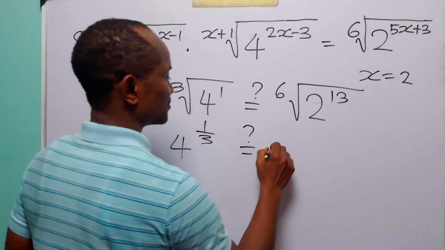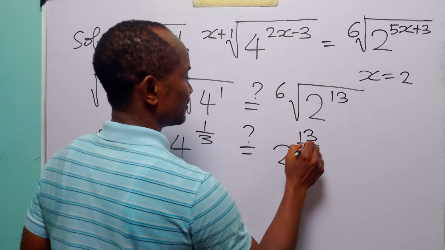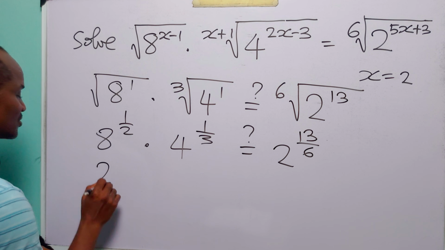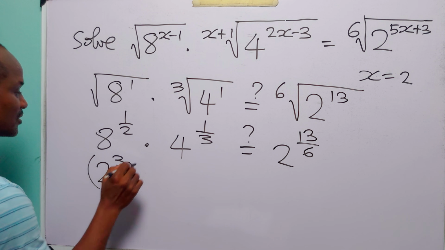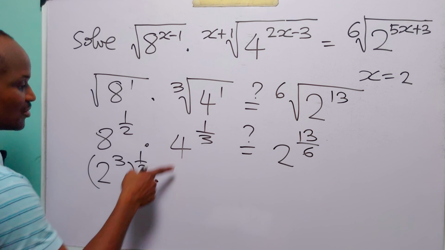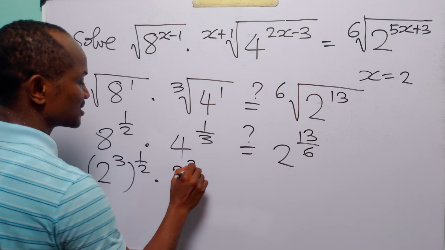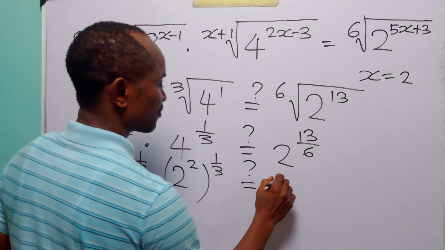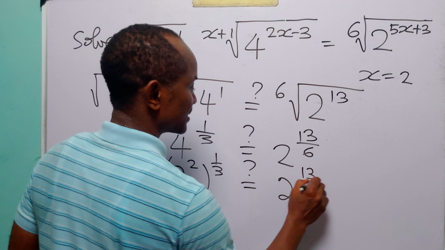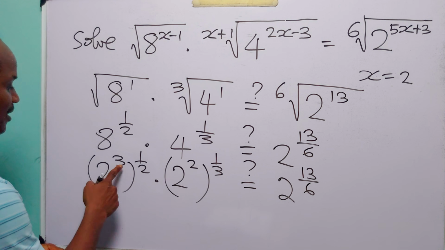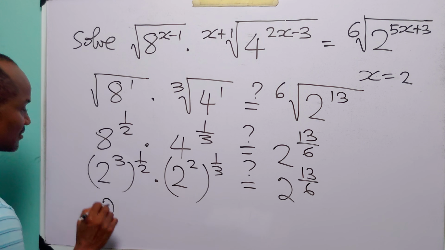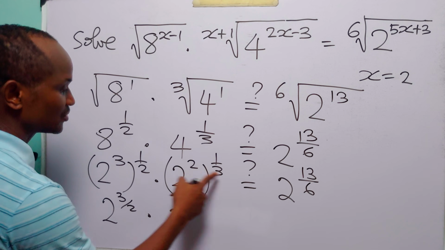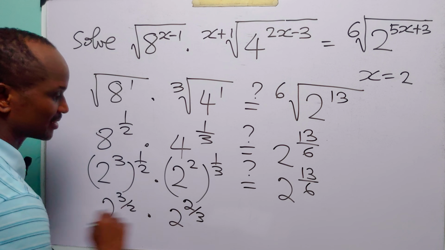Is this equal to 2 to the power 13 over 6? Of course, you know that 8 is 2 cubed to the power 1 over 2. 4 is 2 squared to the power 1 over 3. Multiplying these two, we have 2 to the power 3 over 2 times 2 to the power 2 over 3.